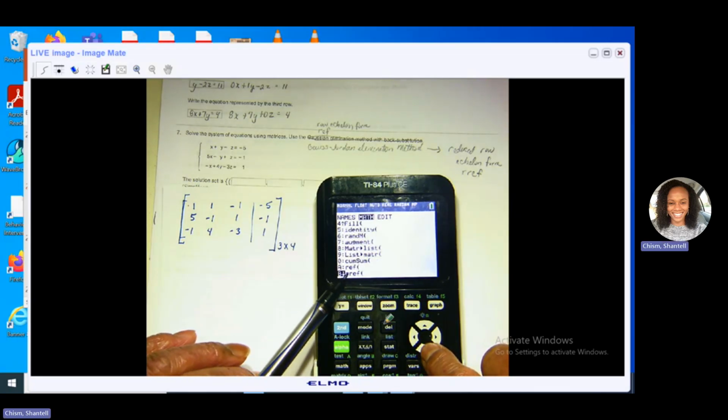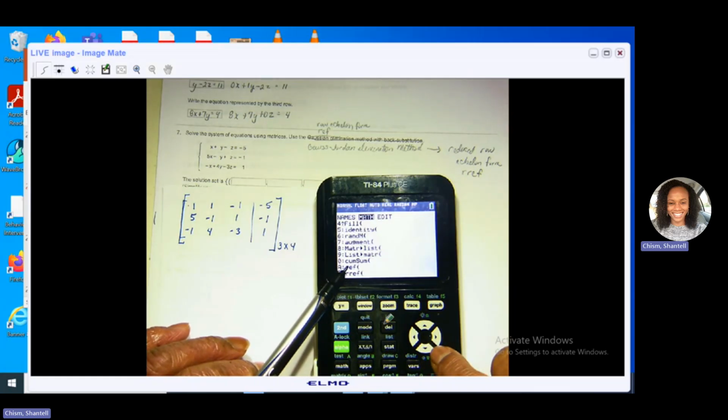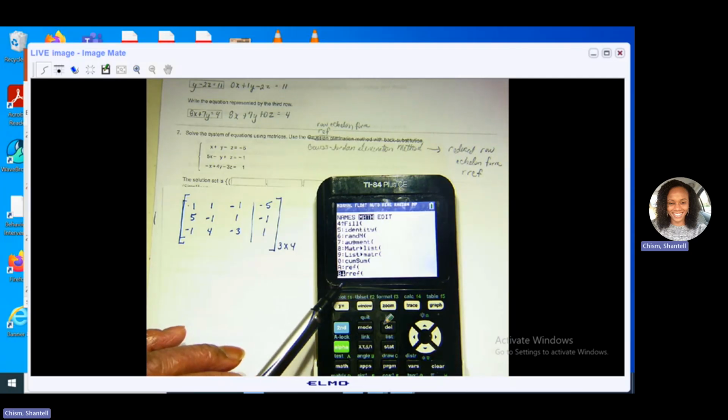That is row echelon form. That one won't give you the most reduced form. It will give you the form where you have to then do the back substitution. That's the Gaussian method. We want to select RREF because it puts the matrix in the most reduced form possible.